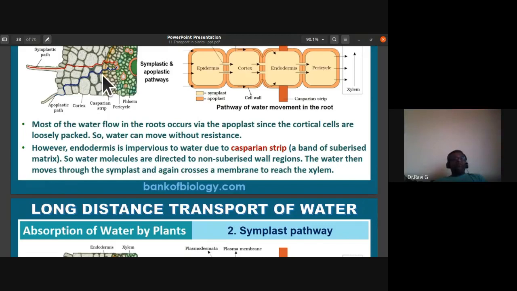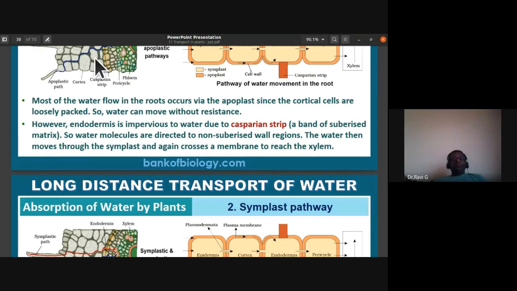It doesn't allow water to flow through due to the Casparian strips, which are because of the deposition of suberin, a band of suberized matrix. So water molecules are always channelized to the non-suberized wall regions, that is the passage cell wall regions.